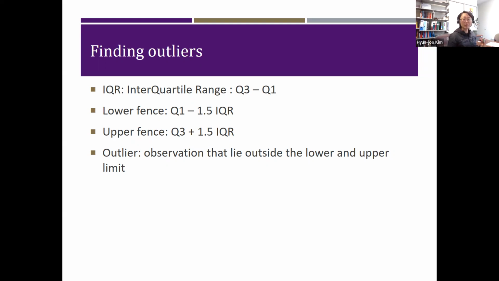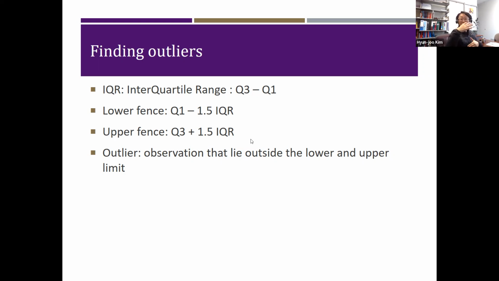There are different definitions of outliers. In a box plot, we're using this definition. To make a long story short, we're going to calculate something called the IQR, which is Q3 minus Q1, the interquartile range. The lower fence is Q1 minus 1.5 times IQR, and the upper fence is Q3 plus 1.5 IQR.